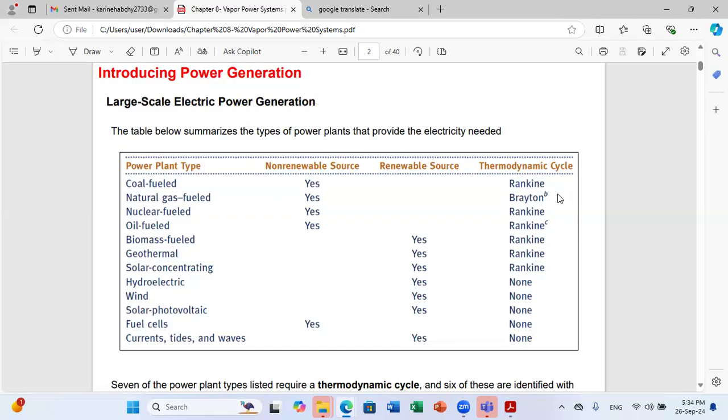All of these ideas can help us enhance the efficiency of our system. Even if we rely on, let's say, biomass or geothermal or concentrating solar systems, all of these, which are renewable sources, are also based on the Rankine cycle. We'll see how.